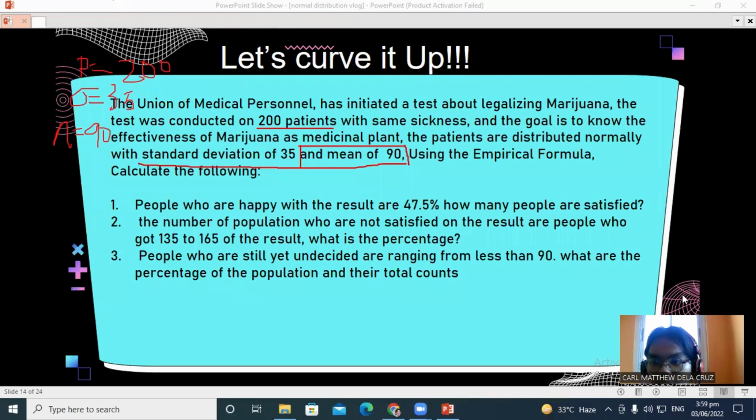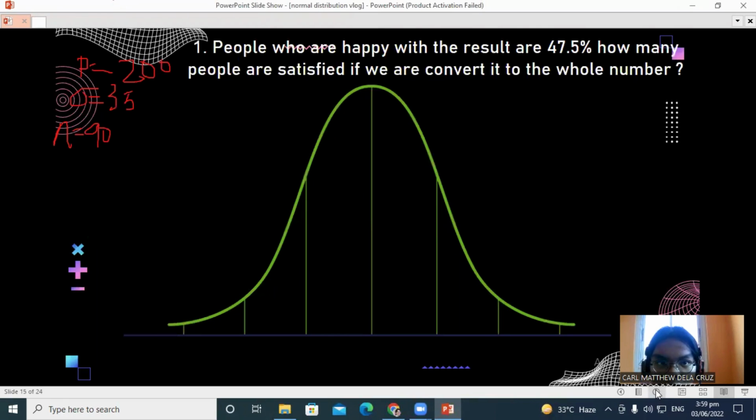Okay, so let's proceed. People who are happy of the results is 47.5%. So first we need to put 47.5% and our population is 200.